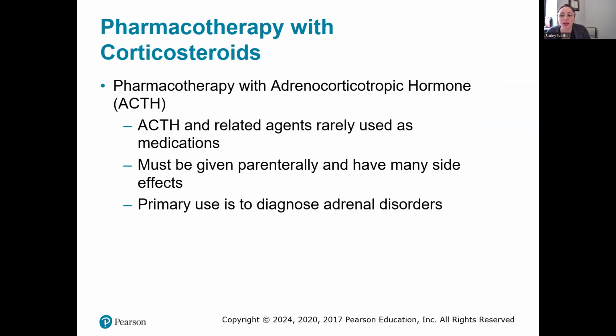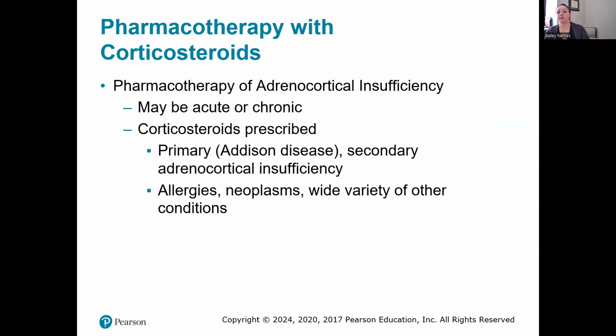So how do we treat Addison's? We're going to give them what they lack. If they don't have any steroids, we're going to give them steroids, okay? Plain and simple. Primary use is to diagnose adrenal disorders. With this specific one, it's given parenterally, and you're going to have side effects just like you would with every other medicine. How do we treat it?